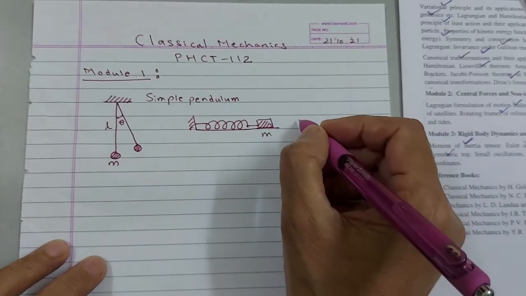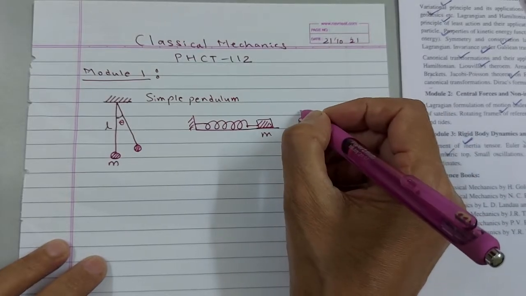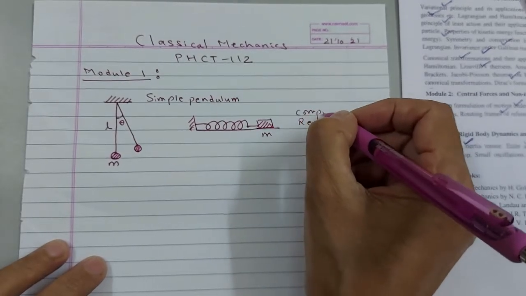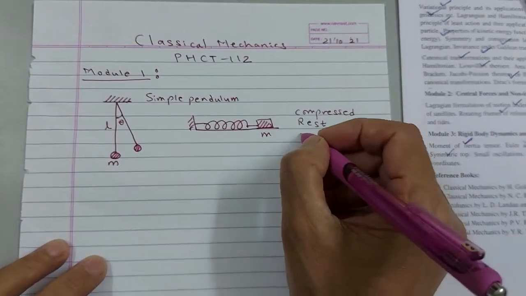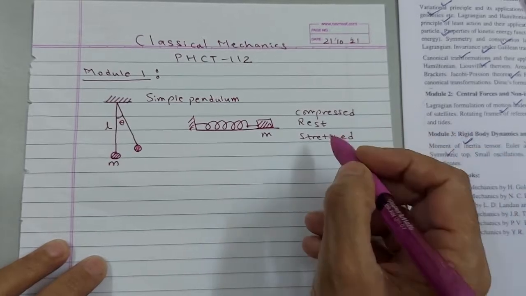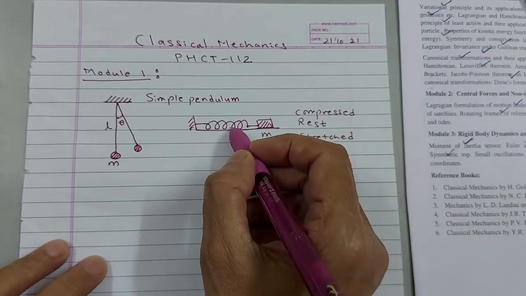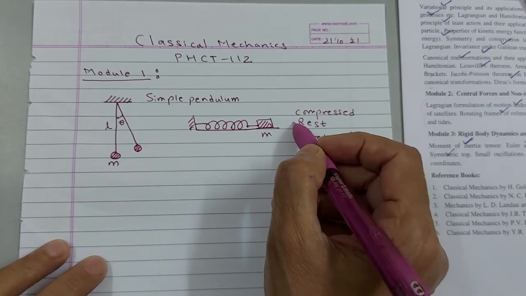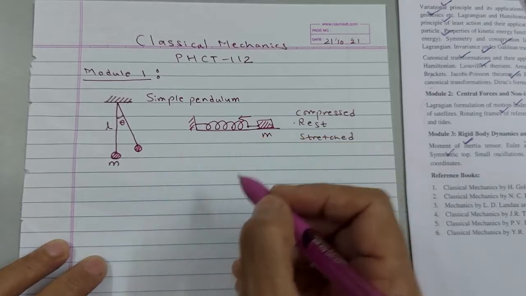So there are 3 positions where the block can be: either the compressed position, or the normal rest position, or the stretched position. Understood? So it will be over here, or here, or further. This is the displacement we are going to observe.